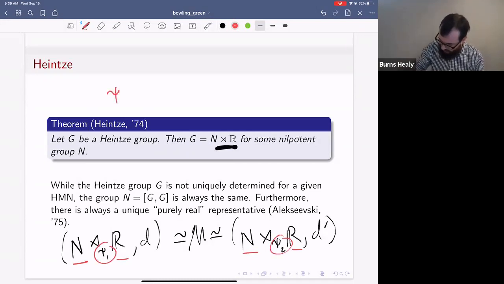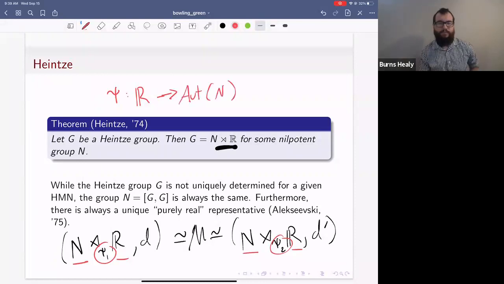In semi-direct product land, what does this side do? This side takes you from R into, well, a priori it doesn't have to be injective, and in our case it will end up being injective, but a priori it just is a homomorphism from R into the automorphisms of N. And what this statement is saying, by Alexievsky, is that you can always pick a representative of this isometry class that has the property that this is nice.